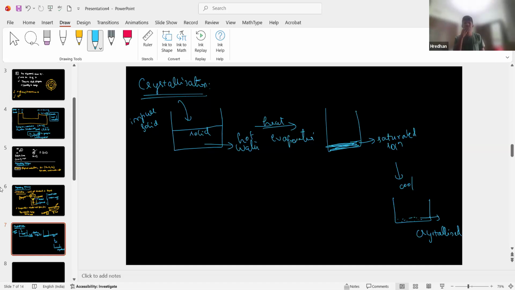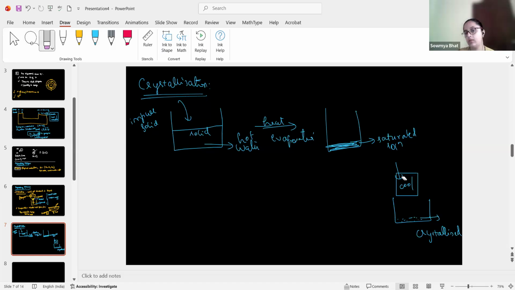That's called saturated. You wait for the saturated solution to cool, then you have the remaining crystals. This is called crystallization. At the end you get pure crystals.